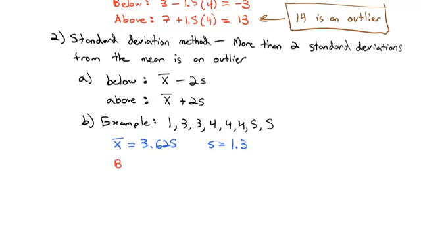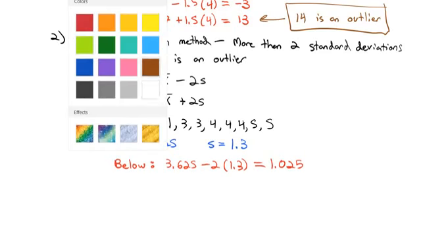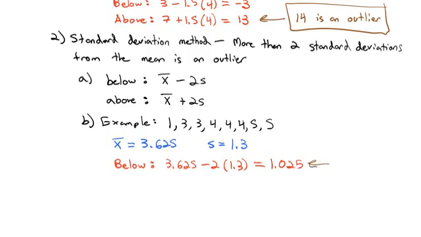So an outlier would be anything below the mean, 3.625, minus 2 standard deviations. 3.625 minus 2 times 1.3 is 1.025. And we'll recognize there that we do have a value below 1.025. It's just a little below, but it is below. Here, 1 is an outlier.